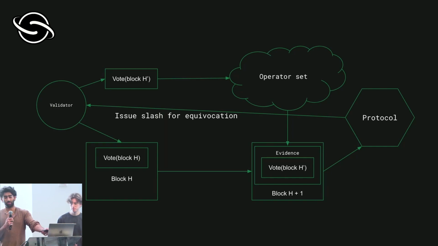But at block H plus 1, some benevolent actor submits evidence of the validator's double sign. At this point, the protocol has sight over this validator's equivocation, and they can attribute it to that validator by virtue of these votes being digitally signed. And the protocol has the ability to enforce against the equivocation because this validator has something at stake.